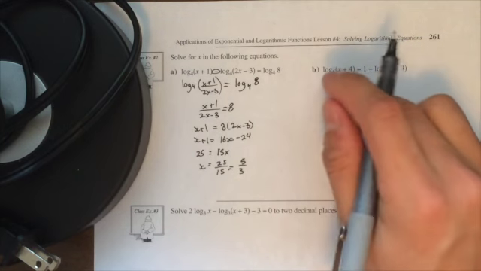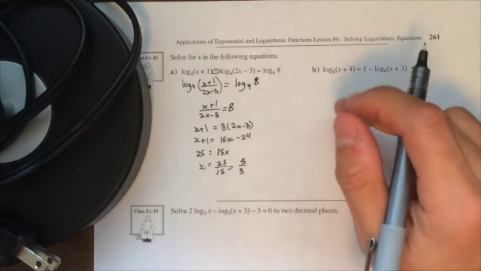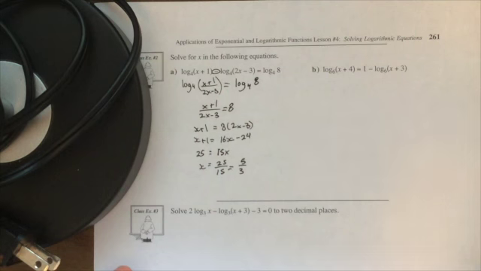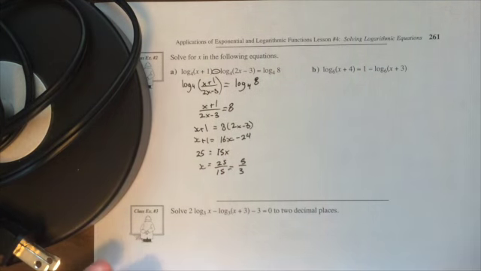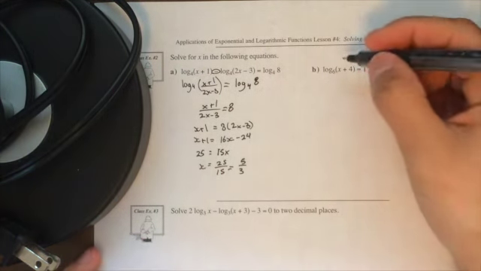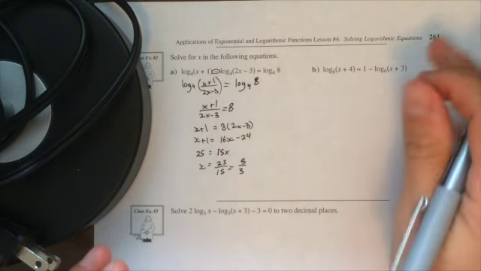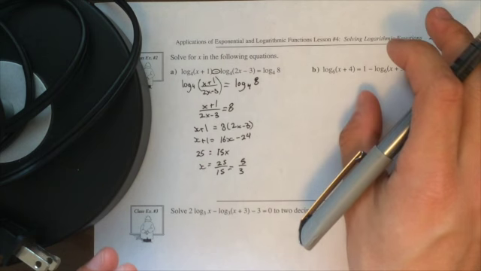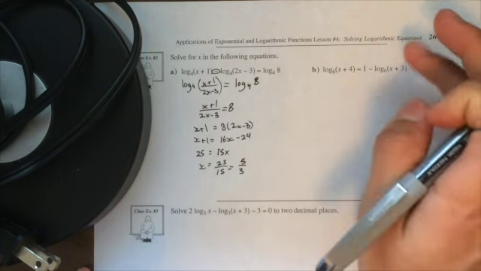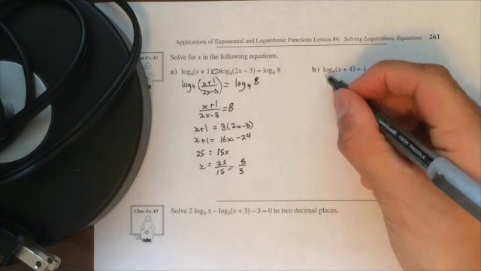Now let's look at this next problem. Log 6 of x plus 4 is equal to 1 minus log 6 of x plus 3. Now the first thing we need to do is rearrange this so it's a little easier to work with. To rearrange this, what we're going to need to do is put our log to the other side.